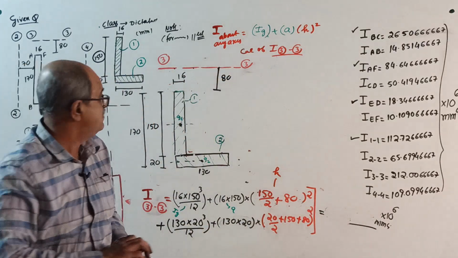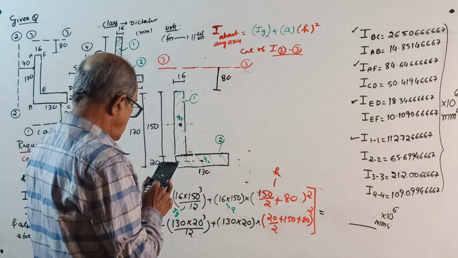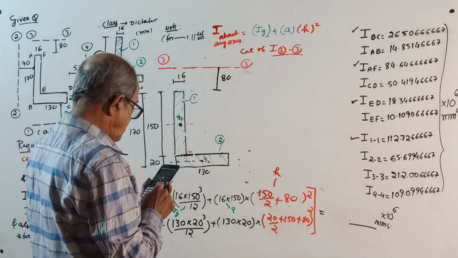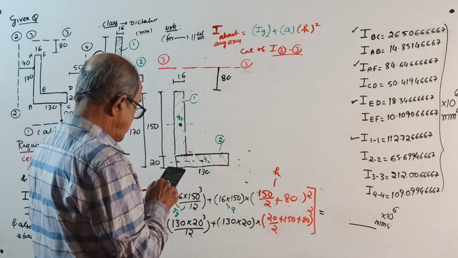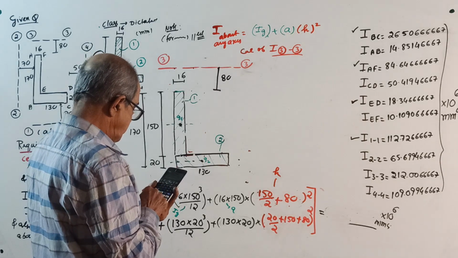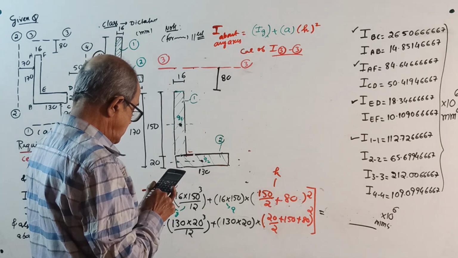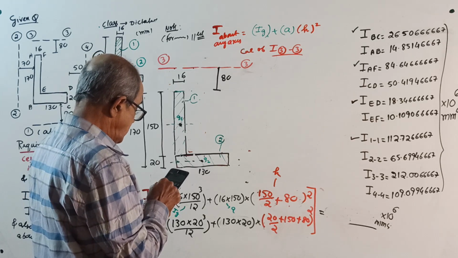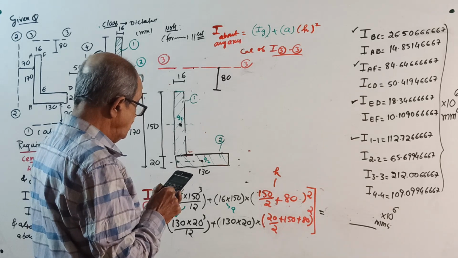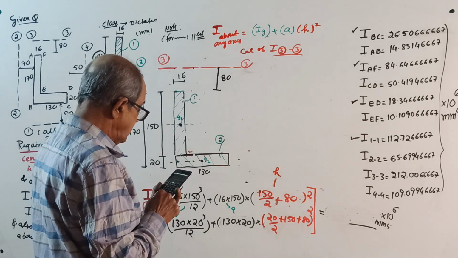Next round I will put one more sketch because it has become too dirty now. 16 into 150 cube divided by 12 plus 16 into 150 into bracket 75 plus 80 close square plus 130 into 20 cube divided by 12 plus 130 into 20 into 10 plus 150 plus 80 close square.